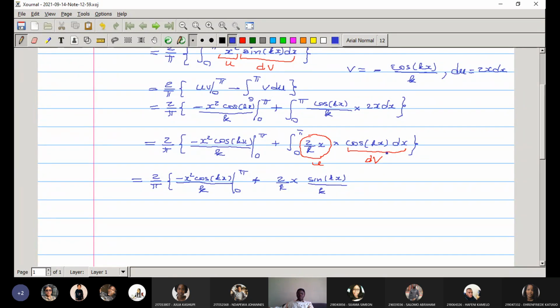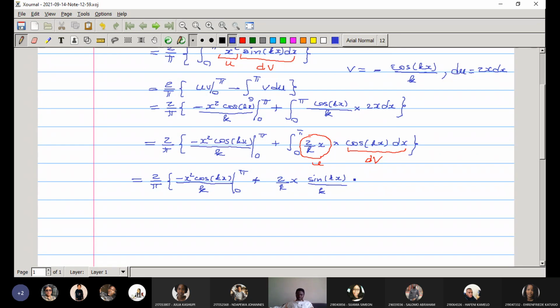If you differentiate this, it will give you that. You can always check. Once you write your v, you can differentiate to make sure that there's no error. If you differentiate sine kx, it will be k cosine kx. That k with the denominator will cancel out, so it's correct. Now, if you want, you can group this together with that and write k squared. It doesn't matter at all.